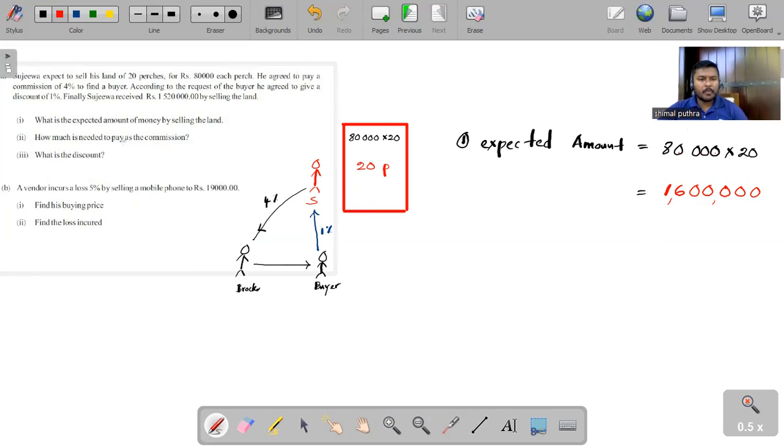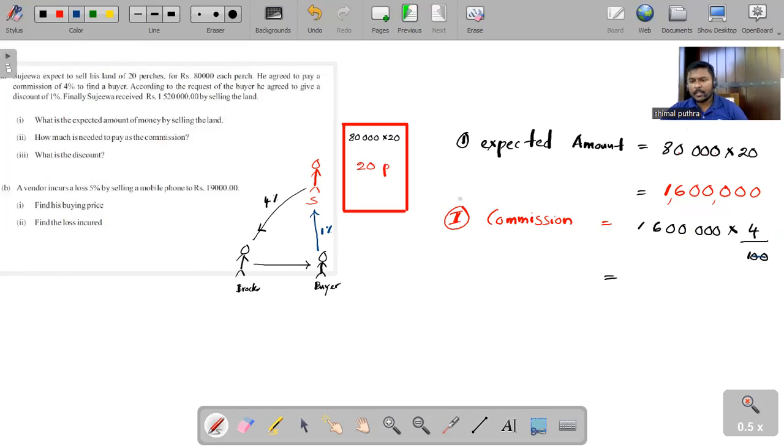How much is needed to pay as the commission? Then what is the commission amount? He agreed to pay a 4% commission. The commission should be paid to the broker. The business is 1.6 million. From the 1.6 million, I have to pay 4% to the broker.